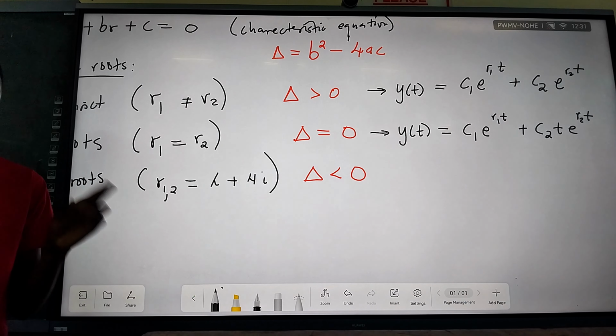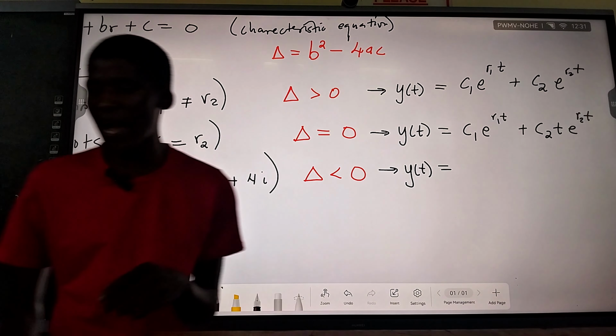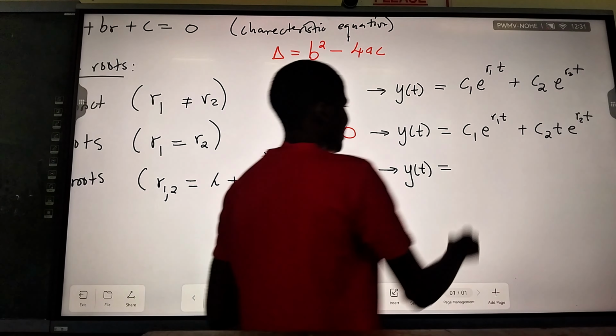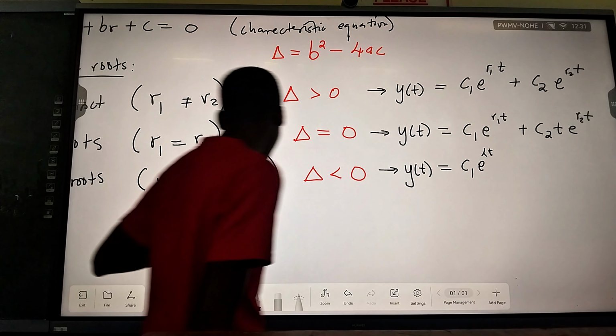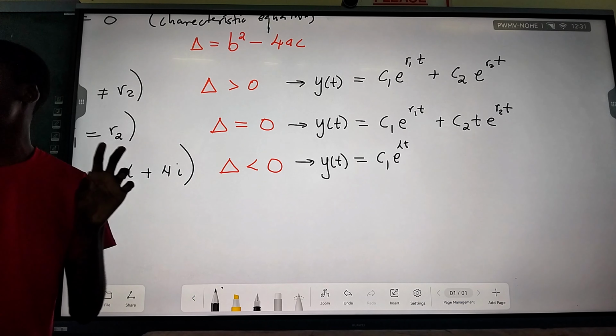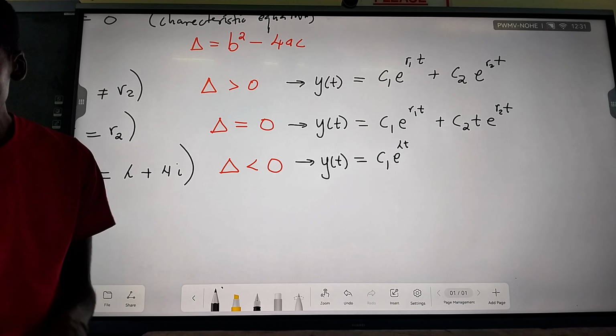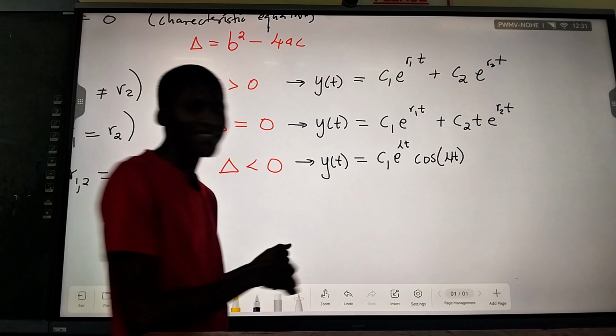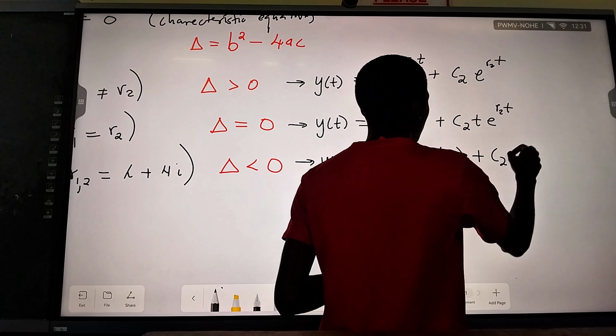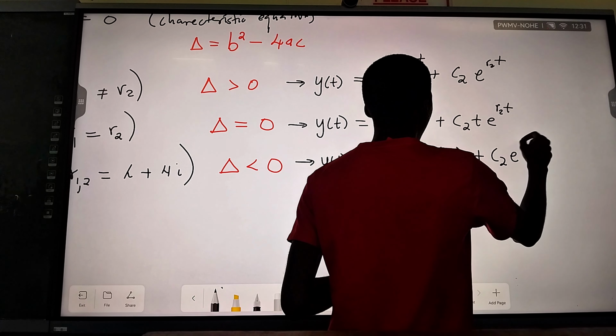And then if they are imaginary, we use y at t is equal to c1 e to the power of lambda t cos mu t plus c2 e to the power of lambda t sine of mu t. We can have lambda 1 or lambda 2.